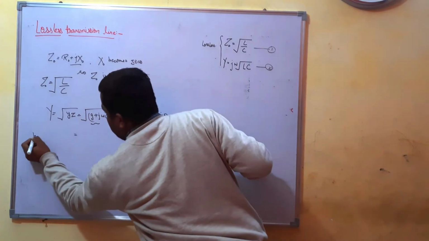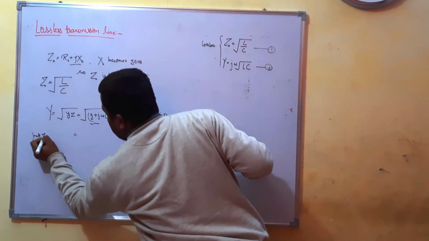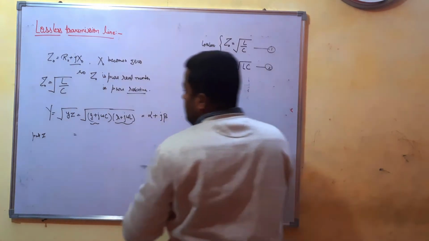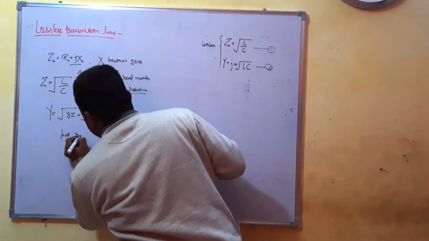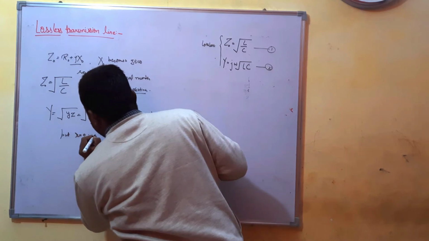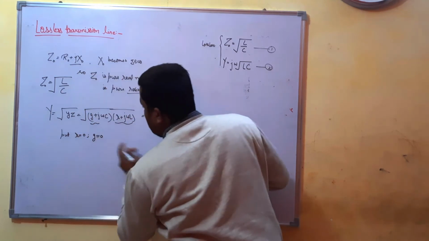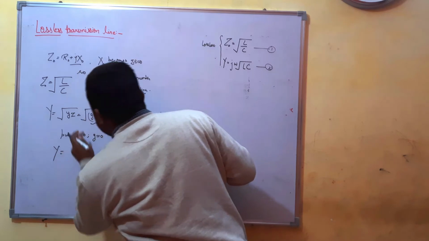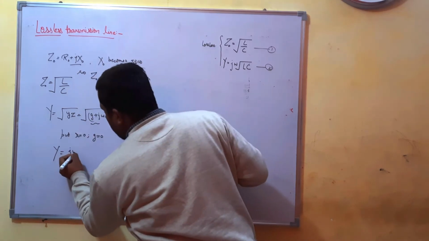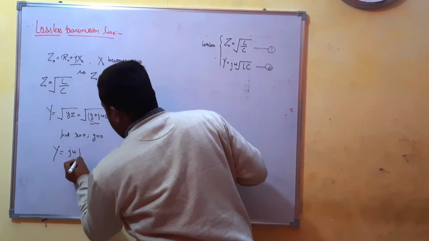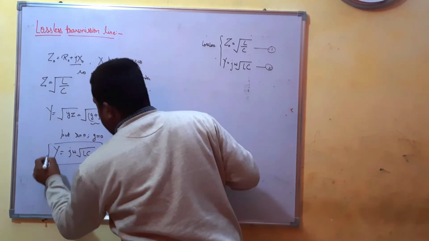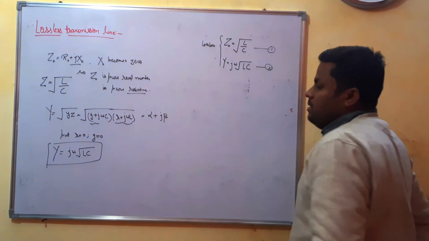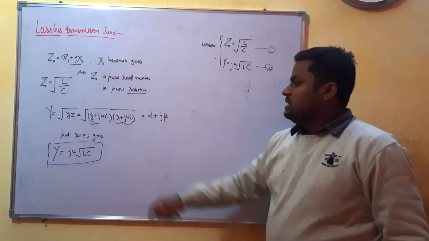That is, put R equal to 0 and G equal to 0, then gamma becomes j omega under root LC.